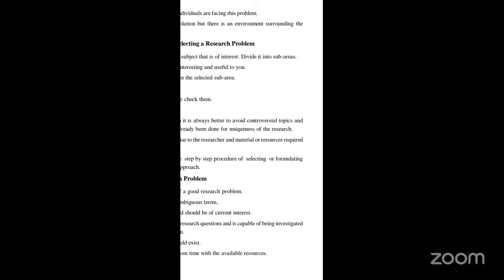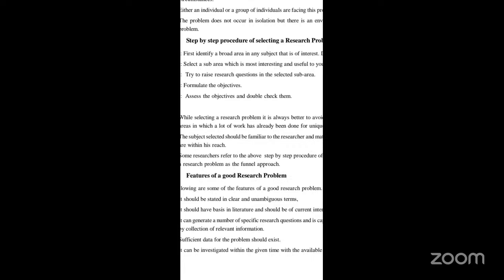Formulate the objectives and double check them. Now, while selecting a research problem, it is always better to avoid controversial topics and areas in which a lot of work has already been done, for uniqueness of the research.